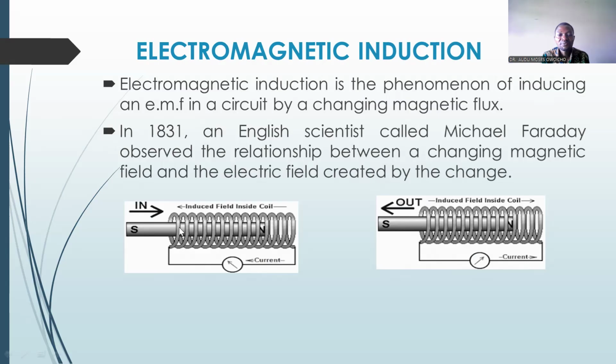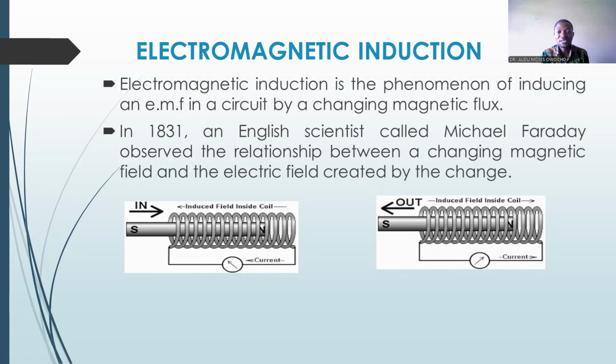When he kept the bar magnet and the coil stationary, the galvanometer did not deflect, showing there was no current. So, current was induced when there is a motion of either the bar magnet keeping the coil stationary or the coil keeping the bar magnet stationary.